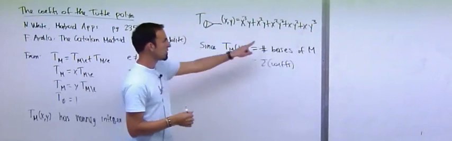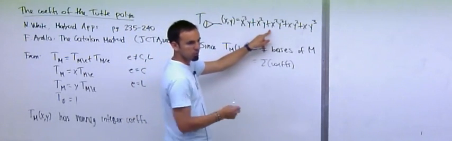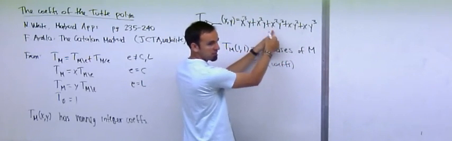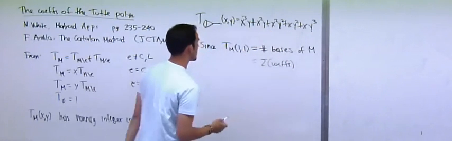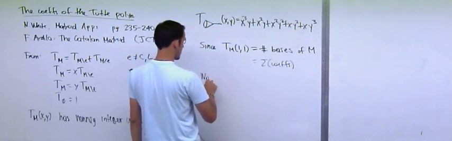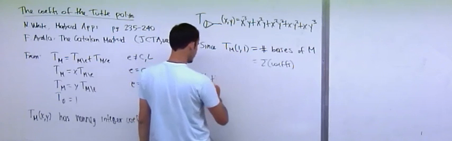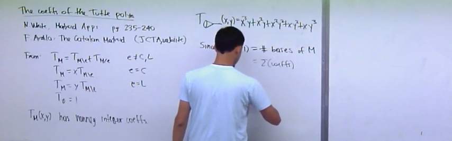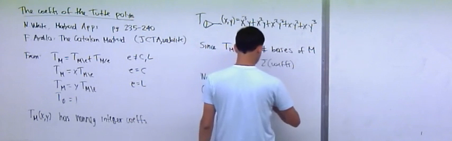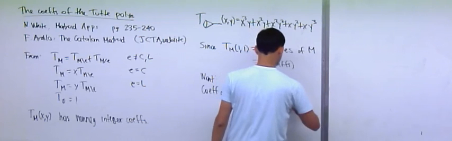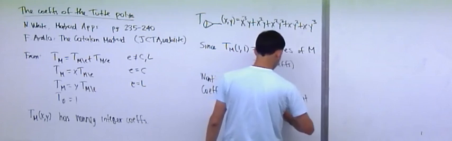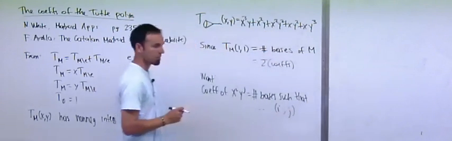And so if you want to pick out a certain coefficient, all the coefficients add up to the number of bases. And so what we're going to try to do is say, well, this coefficient is the number of bases that satisfy something. That's basically what we're after. So we want to say that the coefficient of x to the i, y to the j, is the number of bases such that blah, blah, blah, something involving i and j. That's what we're after today.